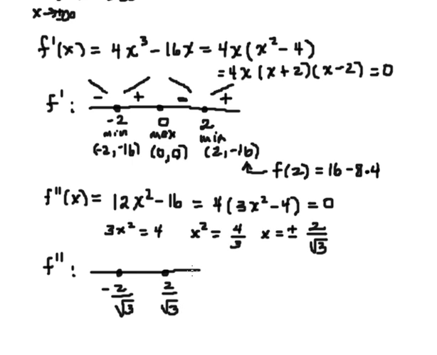So let's put in 2, for example. If we substitute in 2, we have 12 times 4, that's 48, minus 16, that's positive. In between these two values, substitute in 0, we get minus 16, that's negative. And if we substitute in minus 2, we'll have a positive value.